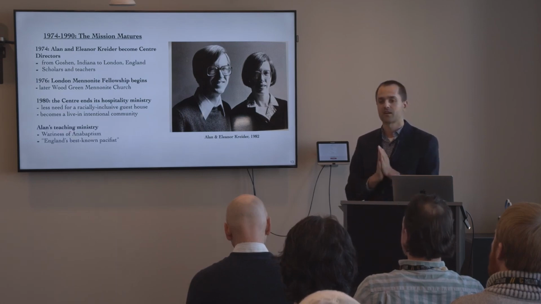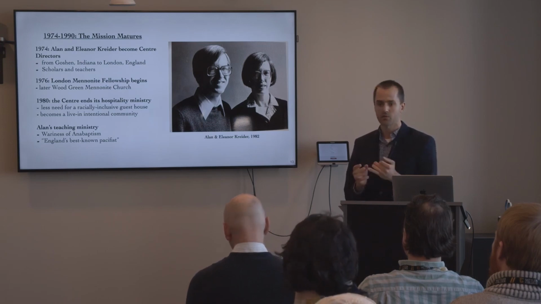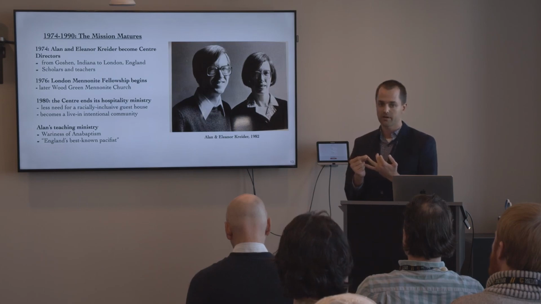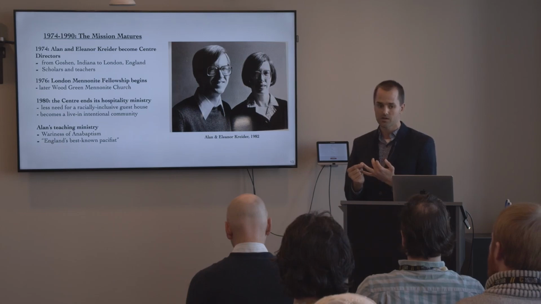And all throughout this time, Alan Kreider starts to teach and speak in England. Very gradually, so it started with a few Bible classes at the London Bible College, and eventually he started getting invitations from churches to teach and preach. Happened very slowly. Words like Anabaptist, pacifist are very radical terms in England at this time, even within the church.